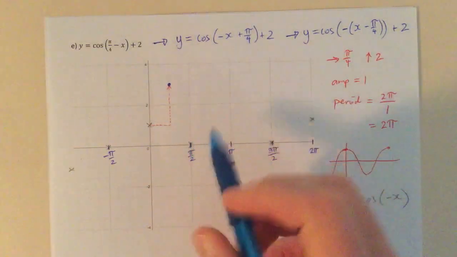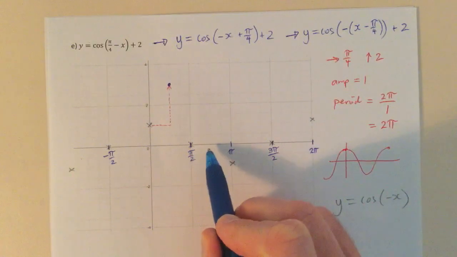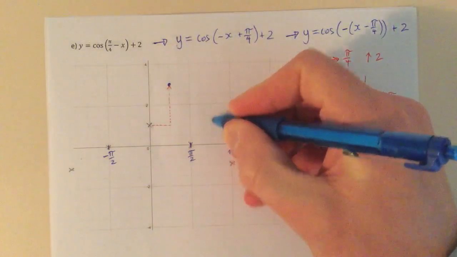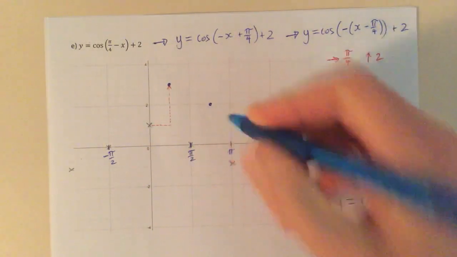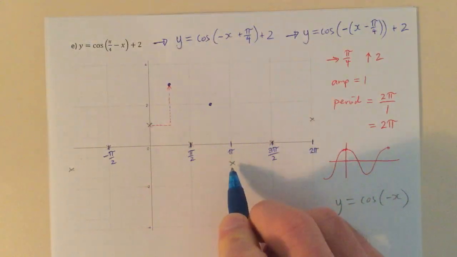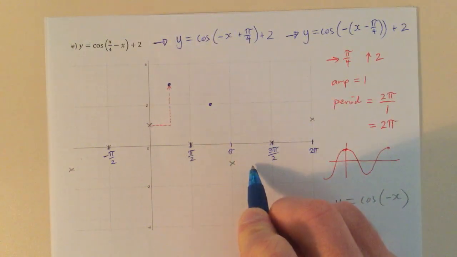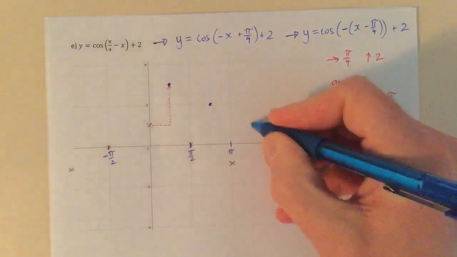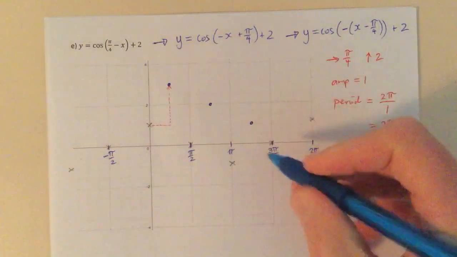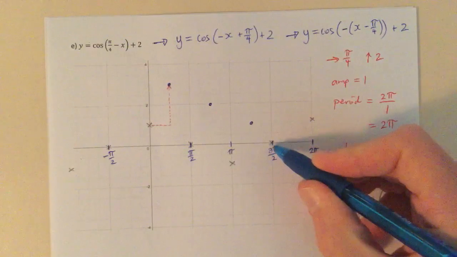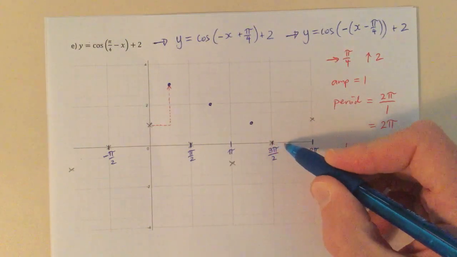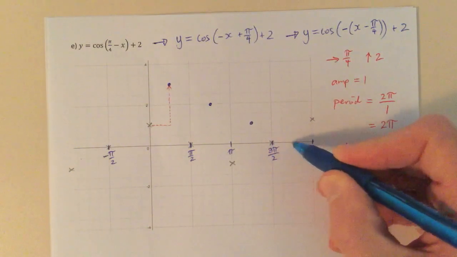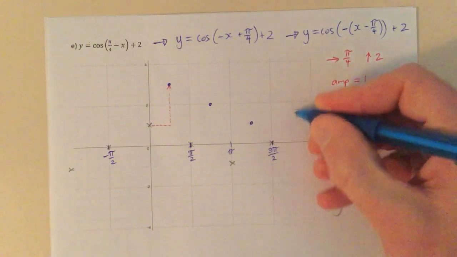So next one, pi on 4 units to the right, 2 units up. This minimum down here, pi on 4 units to the right, 2 units up. This x-intercept, pi on 4 to the right, 2 units up.